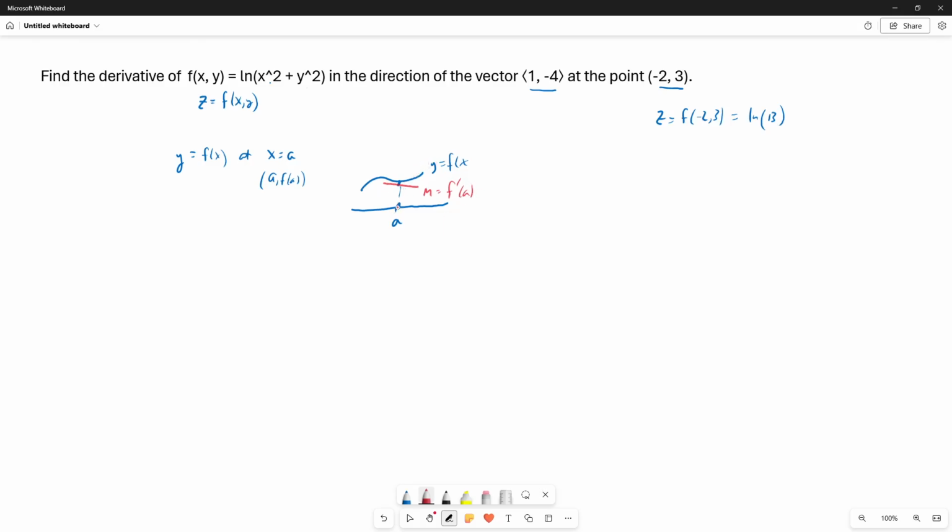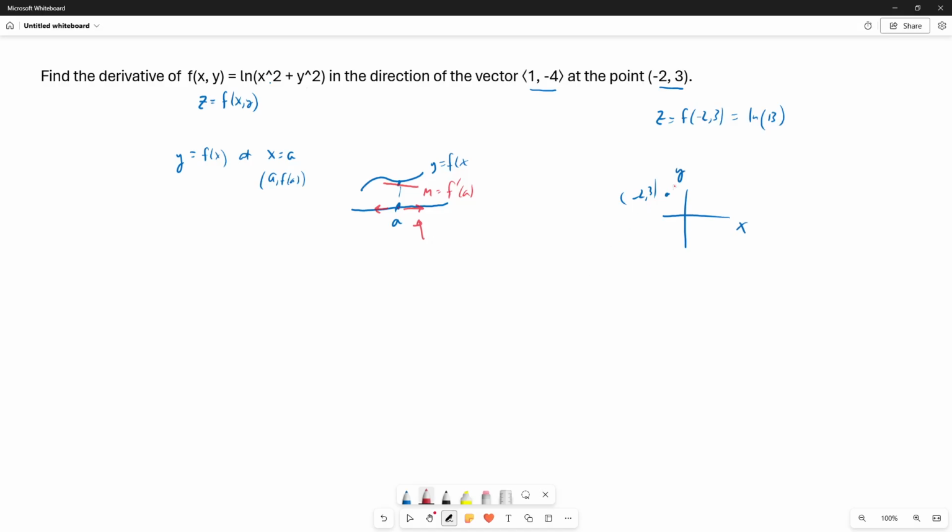Now, on the x-axis, there are two directions you can move from the point x = a. You can move to the right and you can move to the left. When we say the slope is a certain number, we assume we're moving to the right, the default direction. But with two variables, the point (-2, 3) is in the domain. Here's the x-axis, here's the y-axis, here's the point (-2, 3).